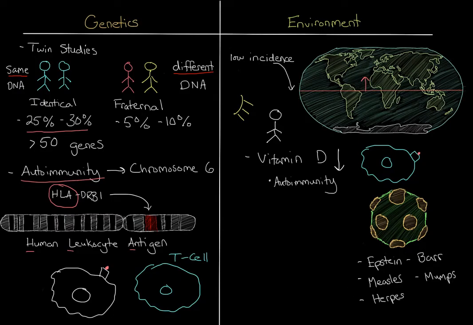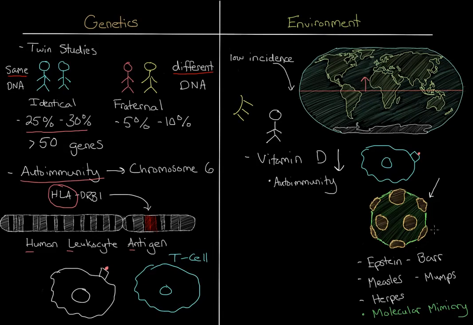But if you have had exposure to these viruses in the past, then your chances of developing the disease is increased. So why does this happen? Well, it's thought that the proteins on this virus actually resemble some of the proteins that are found in your nervous system. And so this phenomenon is called molecular mimicry.